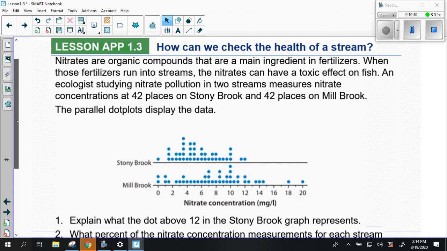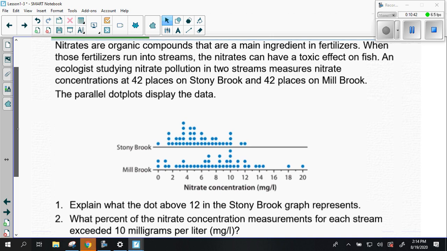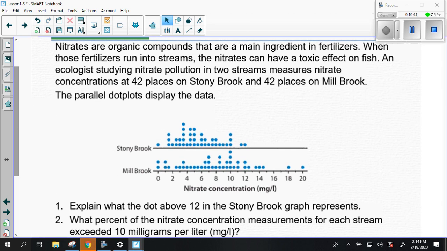We're looking at concentrations of nitrates, in milligrams per liter. We took 42 places from Stony Brook, and another 42 from Millbrook. Let's answer some questions, and then we'll also be able to compare these two.